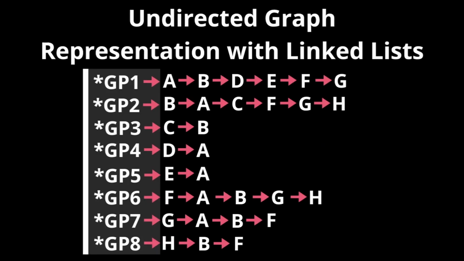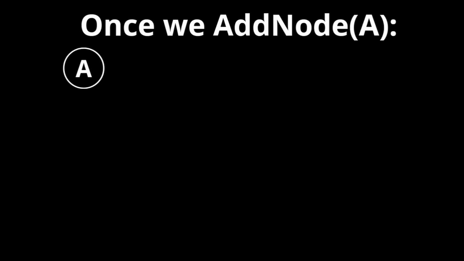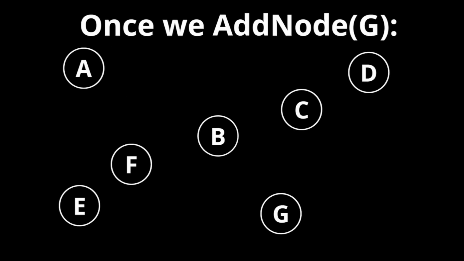So we're in the state of the graph where the graph looks like this. So we're going to add node A, B, C, D, E, F, G, and H. So this is our current state of the graph. It has no connections, but it has nodes. So each node is isolated from each other.